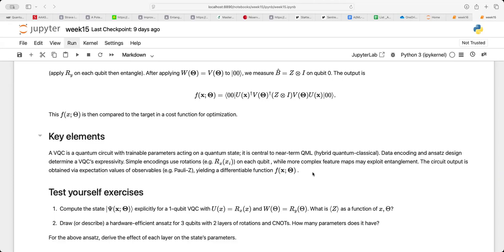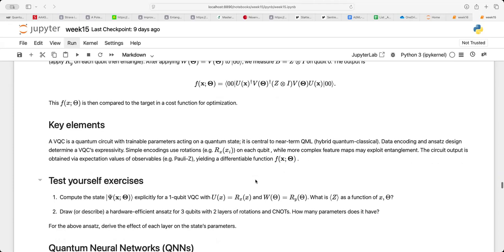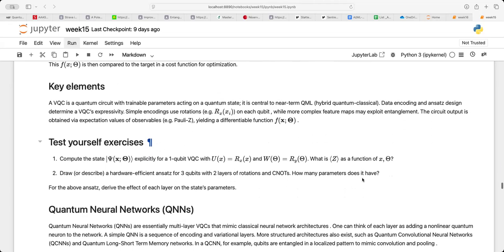So these simple encodings normally use rotations on each qubit, while more complex feature maps may also include entanglement. And as I said, a pretty common procedure is to let these entangled states just be fixed by an angle when we run through the calculations. So the only parameters which we train in the network are those which deal with single-qubit operations.